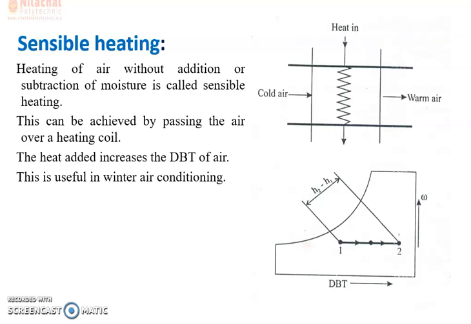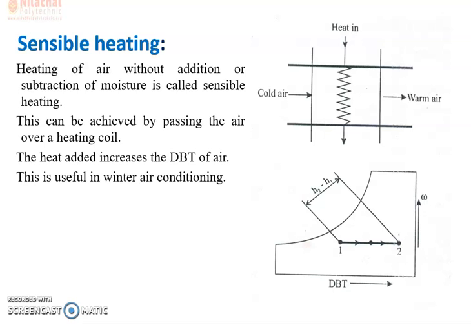The heat absorbed by the air during sensible heating is obtained from the psychrometric chart by the enthalpy difference, H2 minus H1. The specific humidity during sensible heating remains constant, that is W1 is equal to W2.